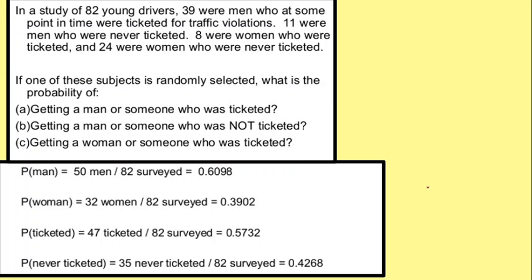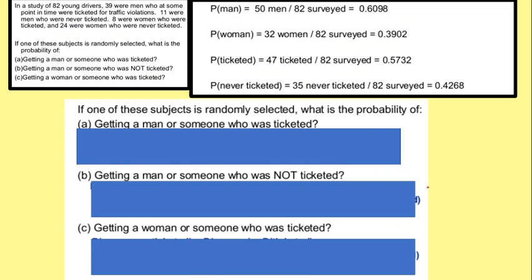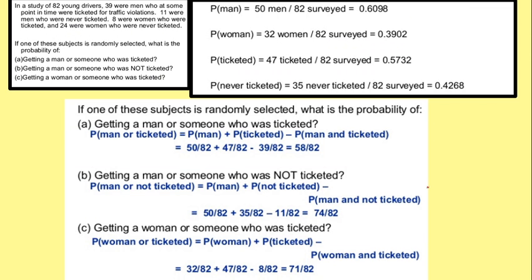For a man or someone who is ticketed, I need probability of a man, 50 out of 82, plus probability of ticketed, 47 out of 82, minus both, which was 39 out of 82. My answer is 58 out of 82. Now, probability of a man or someone who was not ticketed: the probability of a man is 50 out of 82, and not ticketed is 32 out of 82.